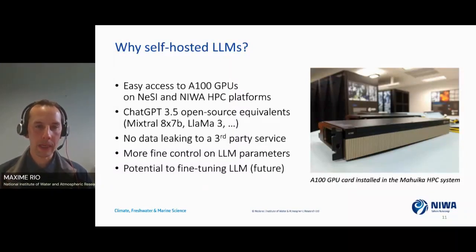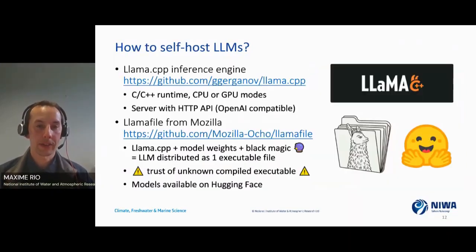In terms of software technologies, we've used two things mainly for the LLM part. First, we rely on this very nice llama.cpp open source inference engine. As the name says, it's a C/C++ runtime. It can run on a CPU or a GPU. Once you run it with the weights of your model, it will expose a simple server that you can access with HTTP requests.